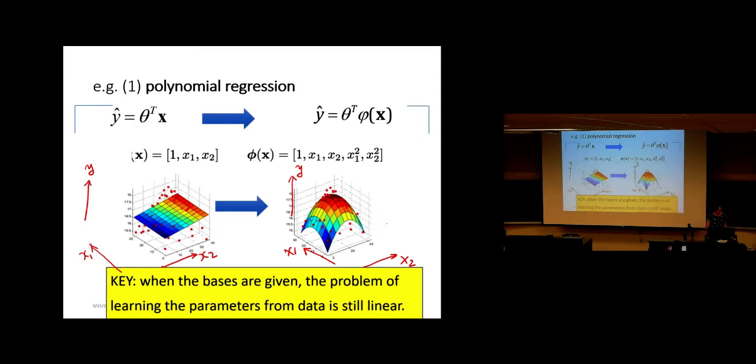Of course, you can also add maybe an x1 times x2 term. And this really increases the flexibility and complexity of your model to be able to fit much more complex curves or surfaces.